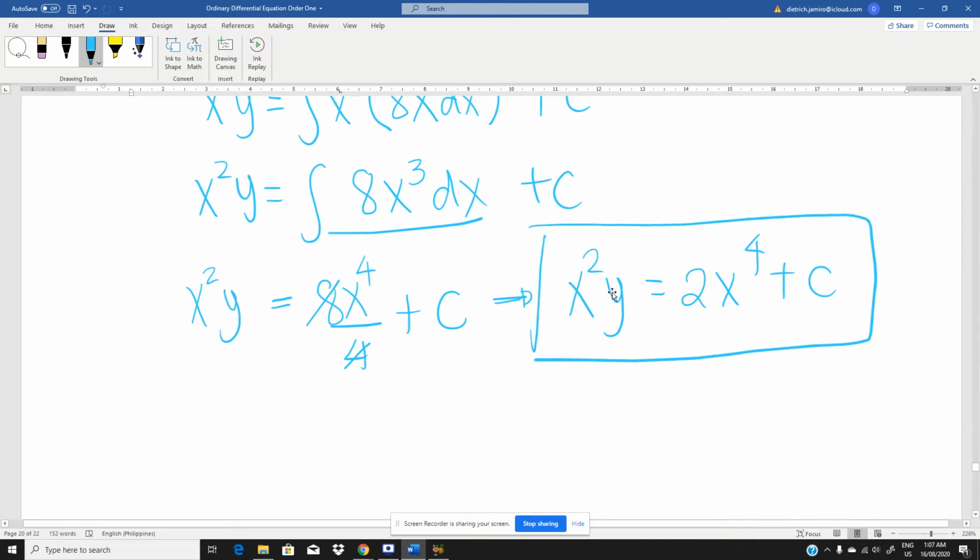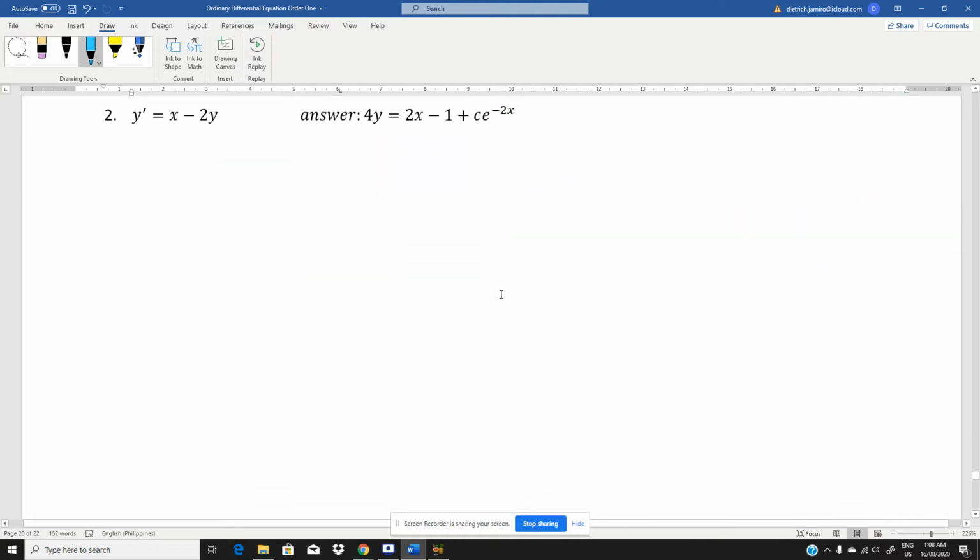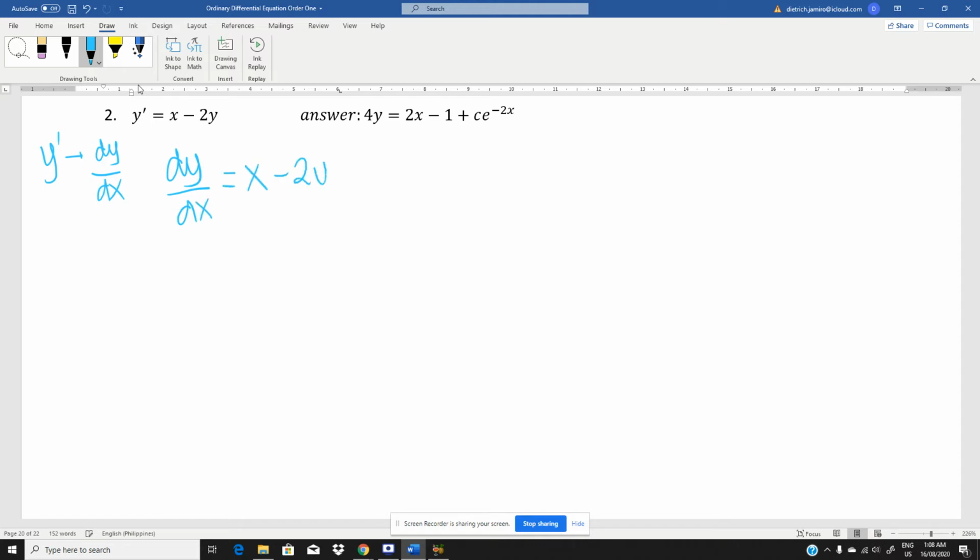So moving forward into our second problem. We are given that y prime is equal to x minus 2y. I'll change our y prime into dy over dx. So we will have dy over dx equivalent to x minus 2y.